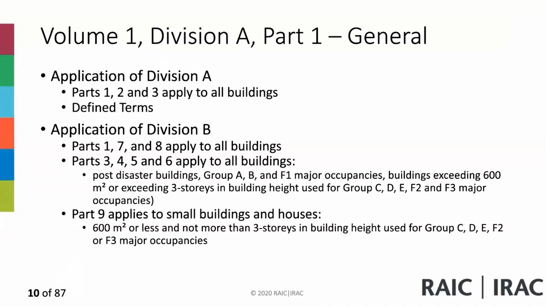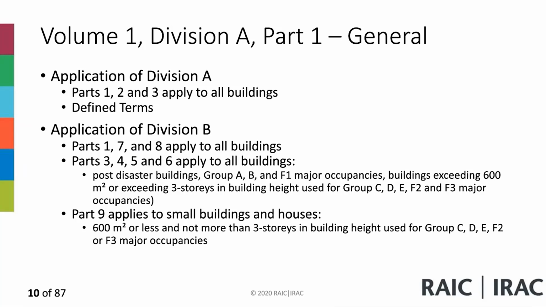Part 3 also applies to any building exceeding 600 square meters if it's residential, or if it's exceeding 3 stories, irrespective of its area. So even if it has an area of 300 square meters and it's 4 stories, then Part 3 applies to it.